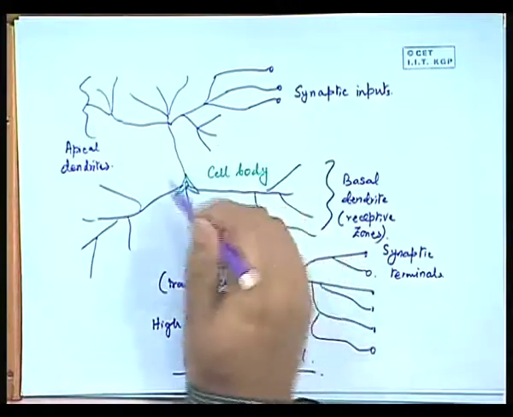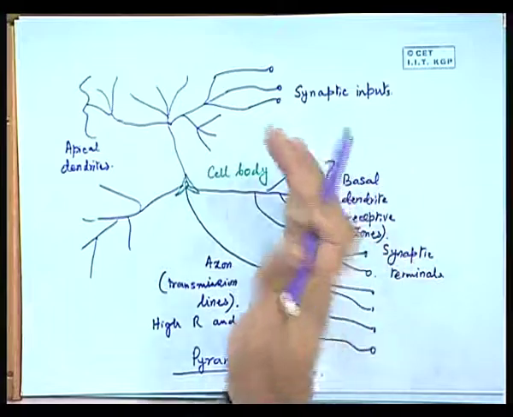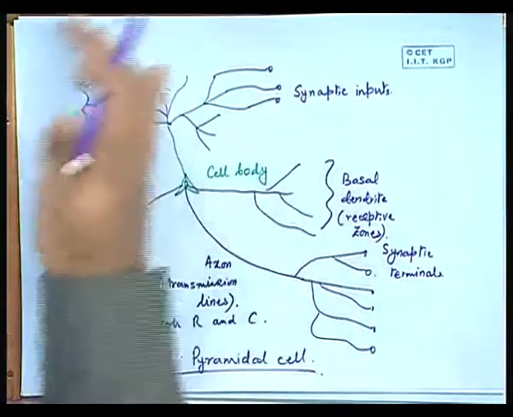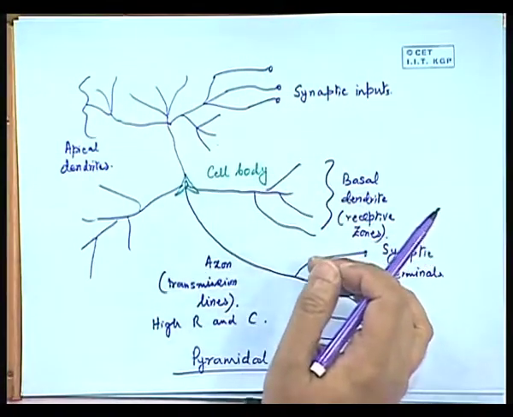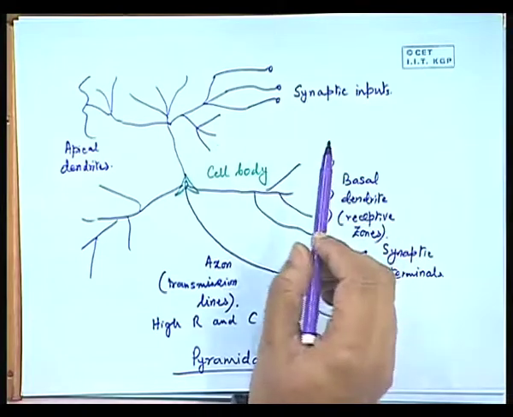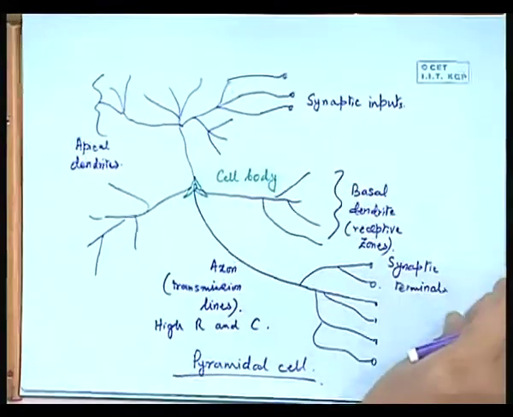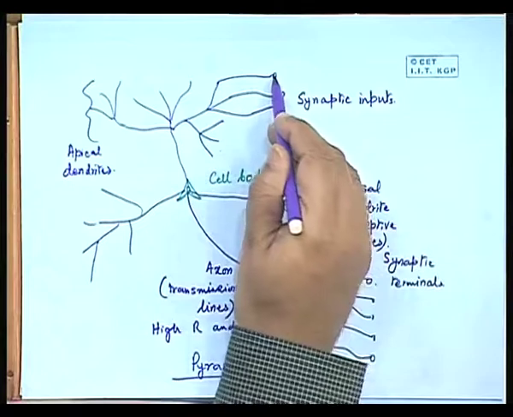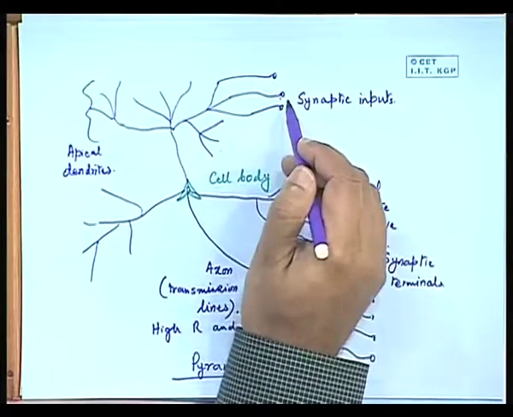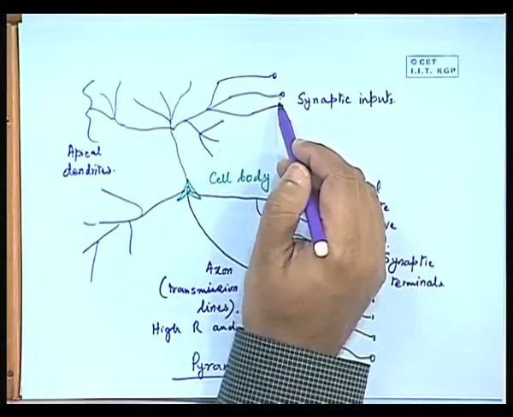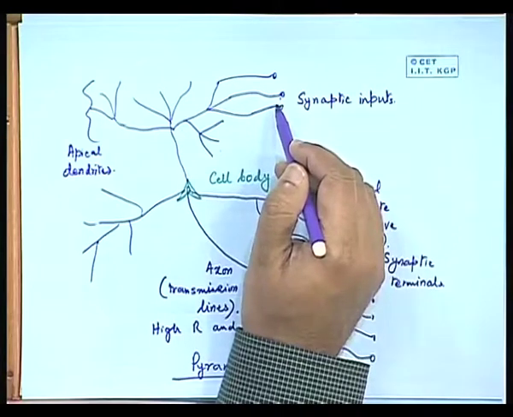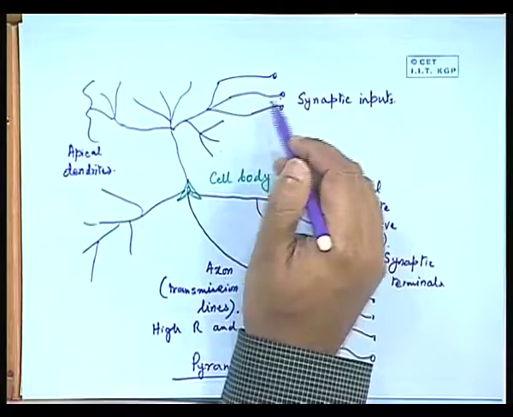Here the processing part will be done, where all these inputs will be combined, and how are they going to be combined? They will be combined in accordance with the strengths of these connections. Now, all the connections are not of the same strength. Some connections are very strong and some connections are weak.